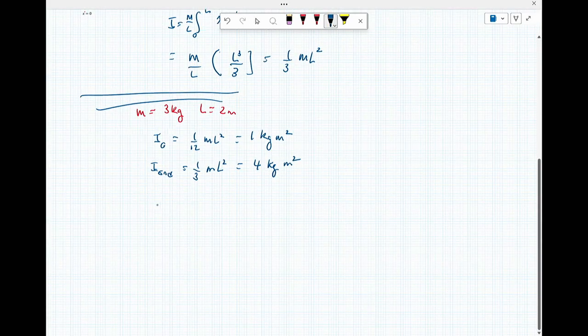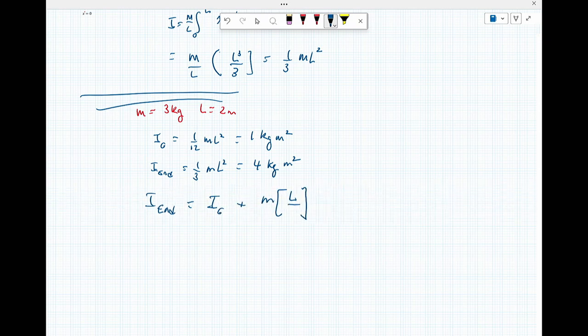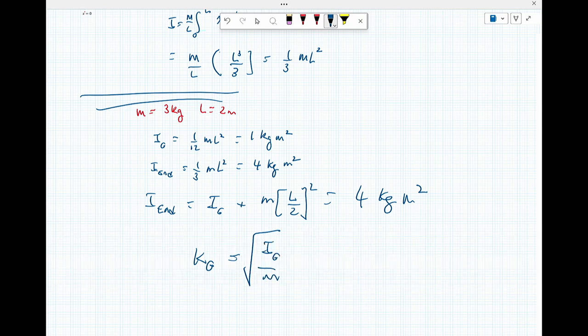Okay, if you don't want to do it with the 1/3 ml squared, you can do I of the end as equal to Ig plus m times l over 2 quantity squared, and not surprisingly, you get the same answer. And finally, the radius of gyration of this ends up being 0.5774.